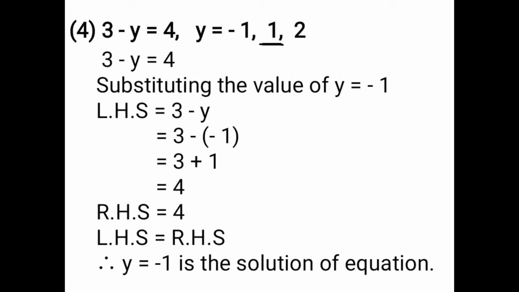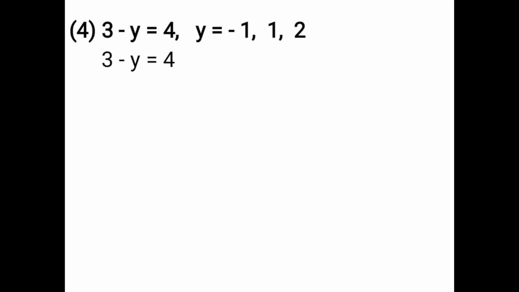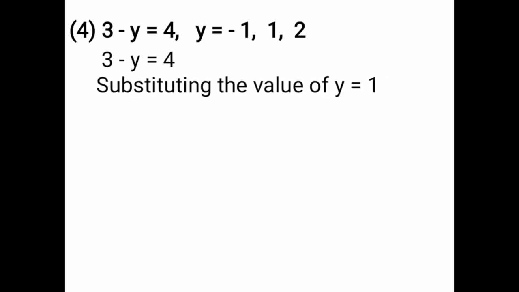You have to follow the same process as I have solved by substituting the value of y is equal to -1. 3 minus y is equal to 4. Substituting the value of y is equal to 1. Left hand side is equal to 3 minus 1 is equal to 2.